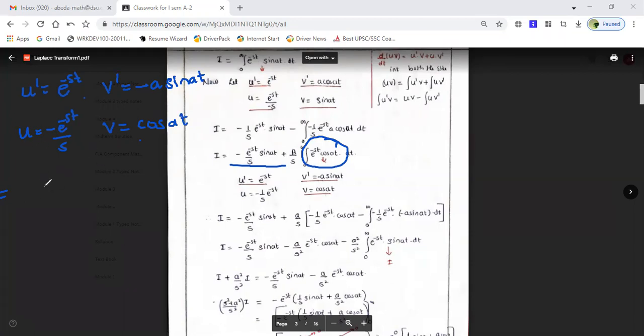It is minus e to the power minus st upon s into cos at. So this is our u into v, minus integration of u, it is minus e to the power minus st upon s into v prime, this is minus a sine at into dt. So this is what we are going to get here.